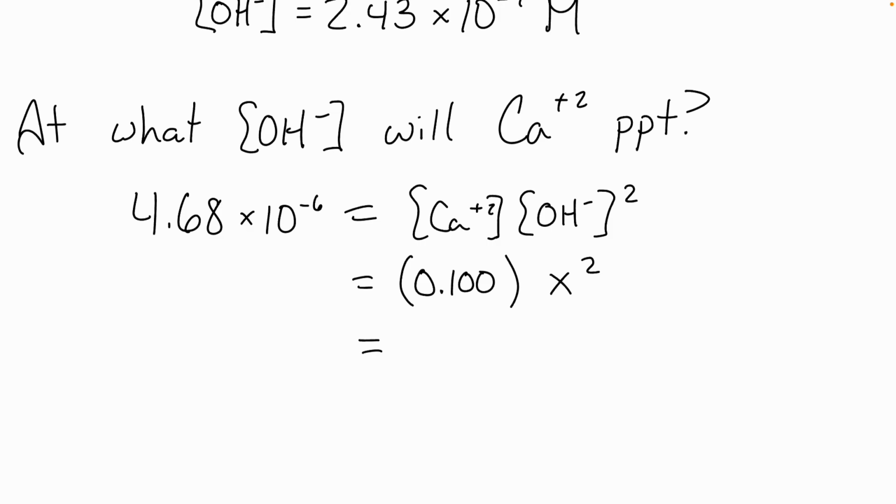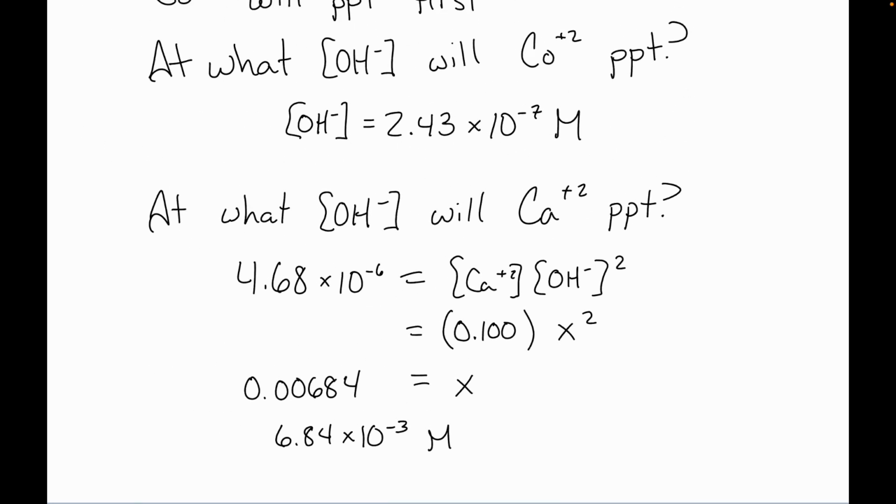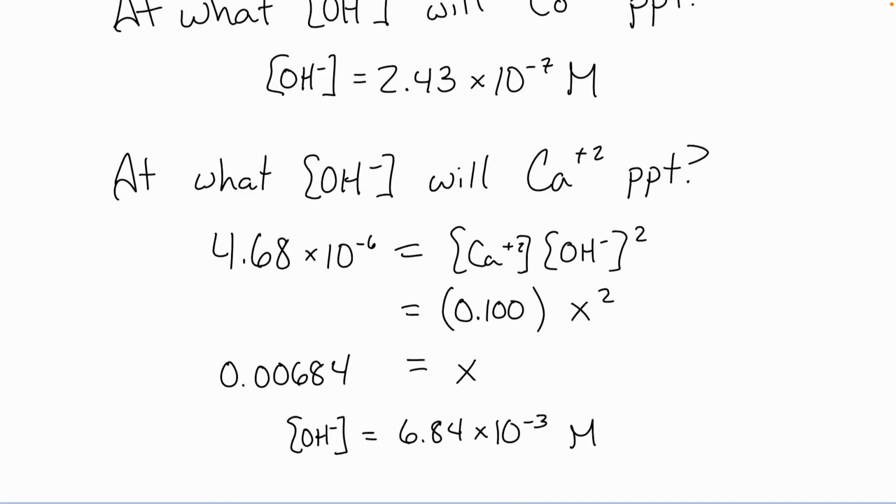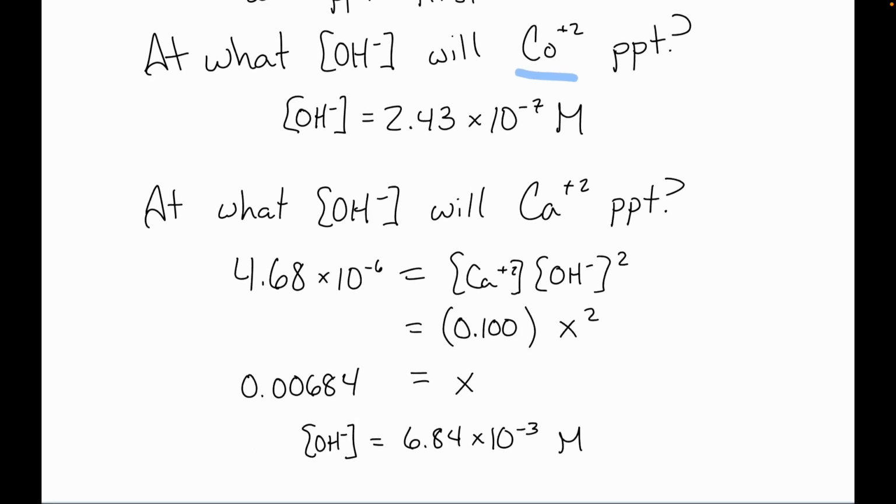Okay, rearrange, and I find that X is equal to 0.00684, or 6.84 times 10 to the negative 3 molar. And we can see that that is indeed a larger concentration, a higher concentration than what we saw for cobalt, which again makes sense because we said that cobalt was going to precipitate first.